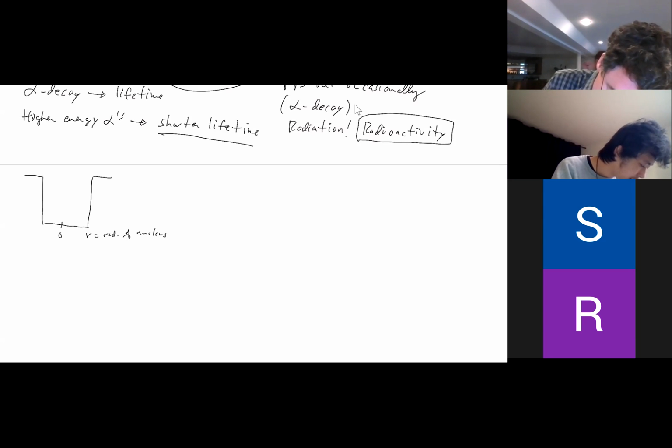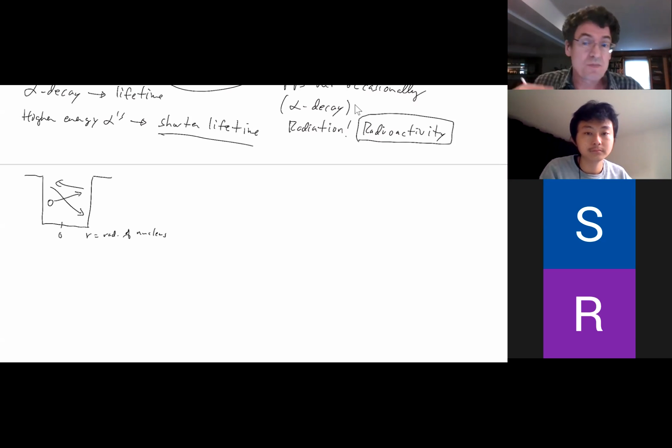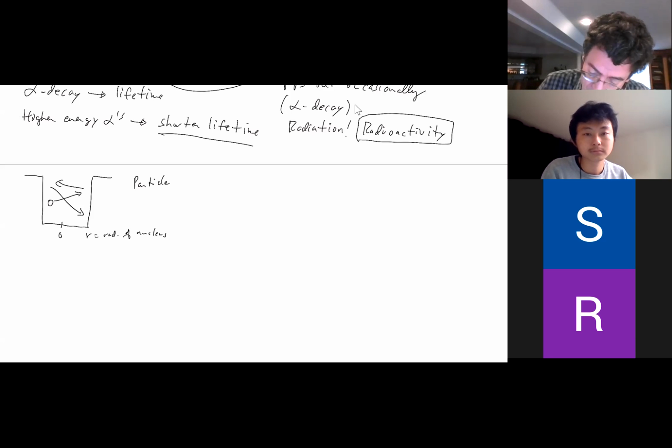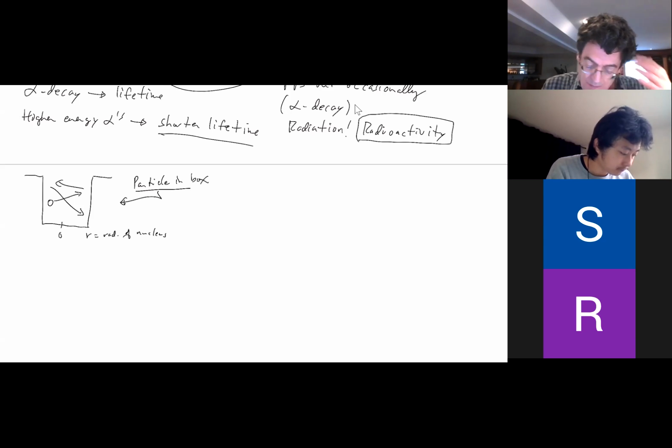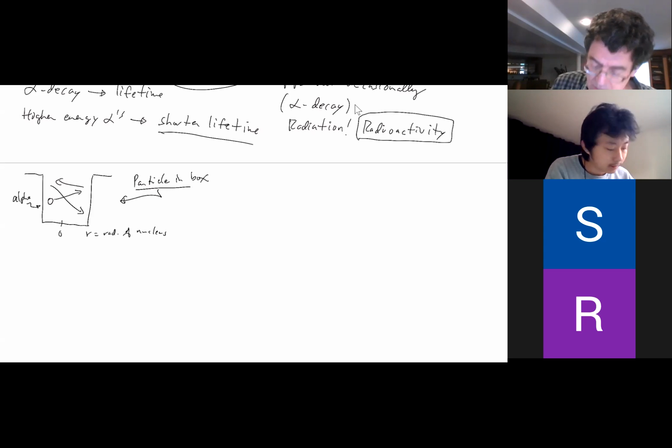And the idea is that the alpha particle is just bouncing around inside of a box. All right, so it's just particle in a box. But then every now and then the particle gets out.